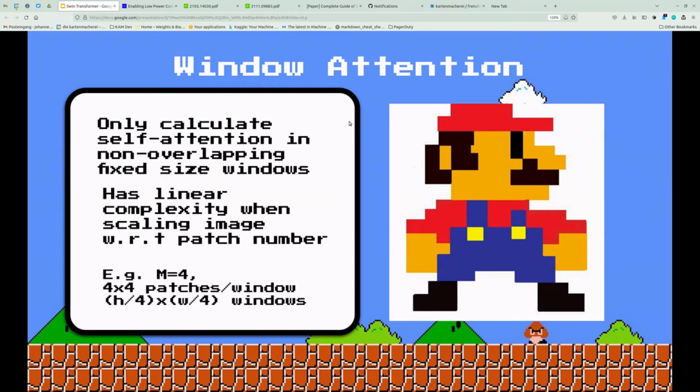But now let's look at the window attention, because that's the more interesting part in this paper, the whole window attention thing and how that can help us in getting more efficient, and also gives us the ability to look at finer structures. So as I said, we only calculate the self-attentions in local windows, and it's important that those are non-overlapping.